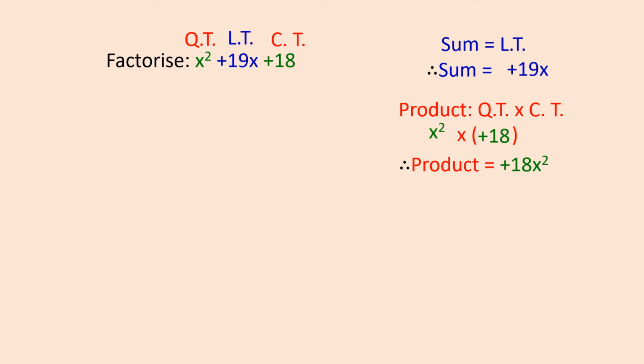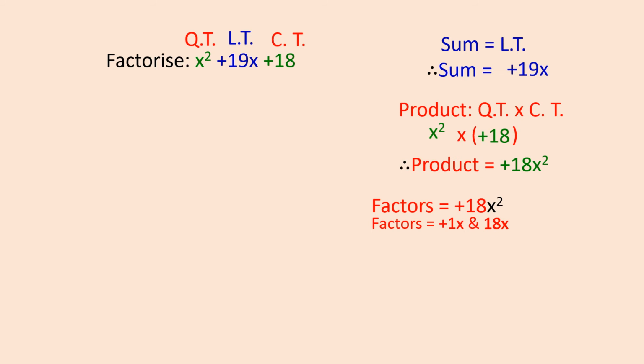Once we have the product, plus 18x square, we know the sign is plus and 18 is to be factored, because x square means x and x will be written with both the terms if I want to find the factors. So we are going to find the factors of plus 18x square. First, 1x into 18x.